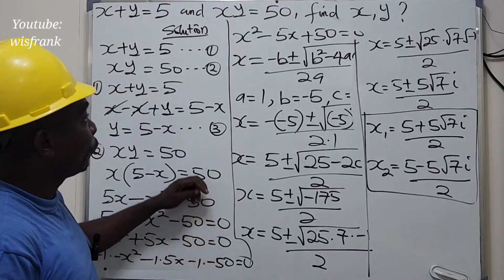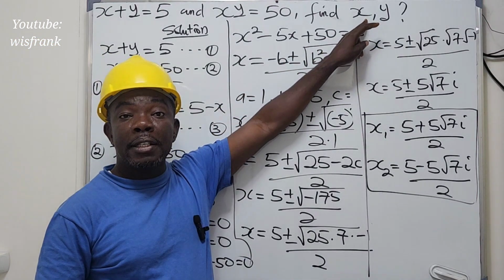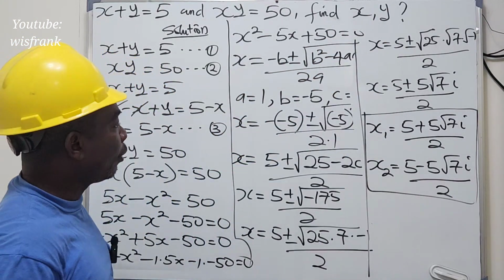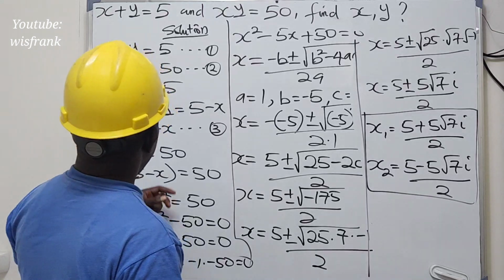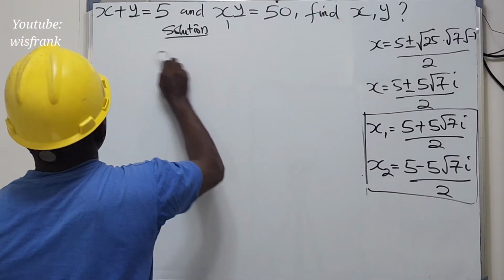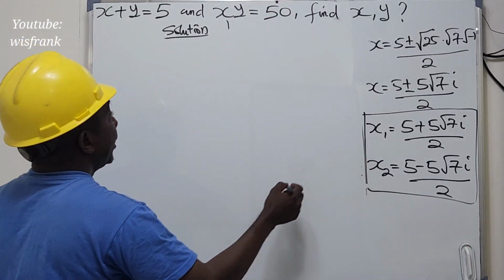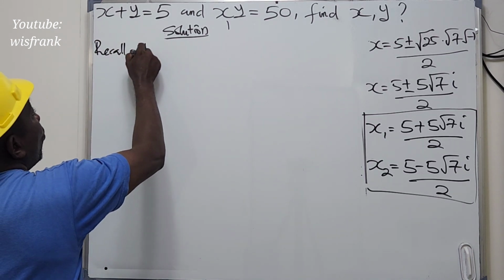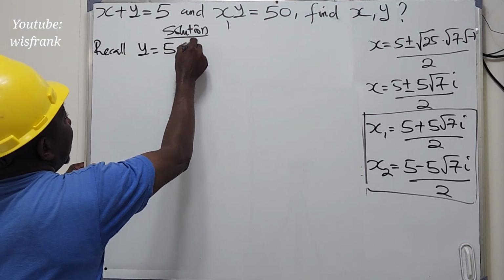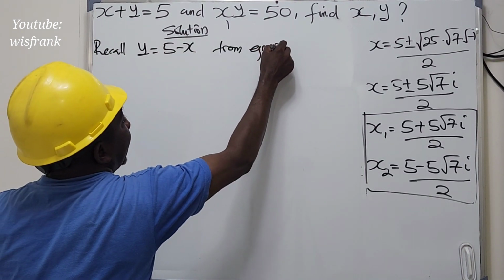So these are the two values of x that we have. But because we are asked to find the value of x and y, we are going to look for the value of y by substituting into equation 3. As we said, we recall that we have y equals 5 minus x from equation 3.